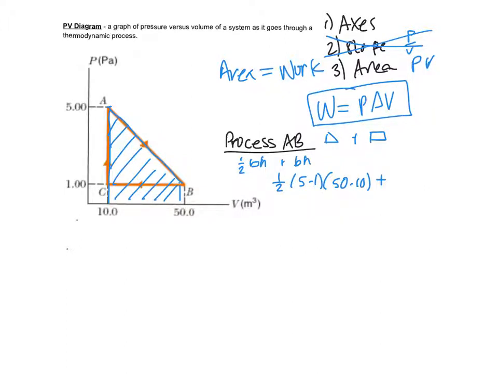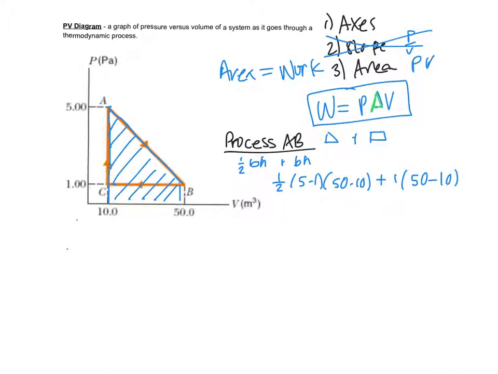So we have 1, it's not changing, it's remaining constant. Then we have 50 minus 10 for the change in volume. And notice the delta is only on the change in volume. Pressure, you always have to have some amount of pressure because you've got gas in a container.